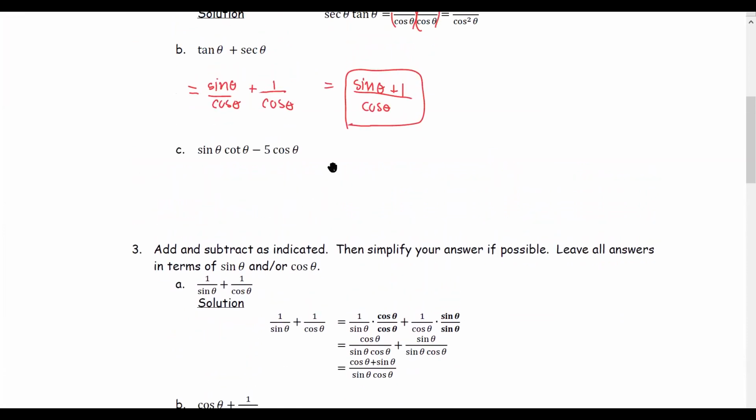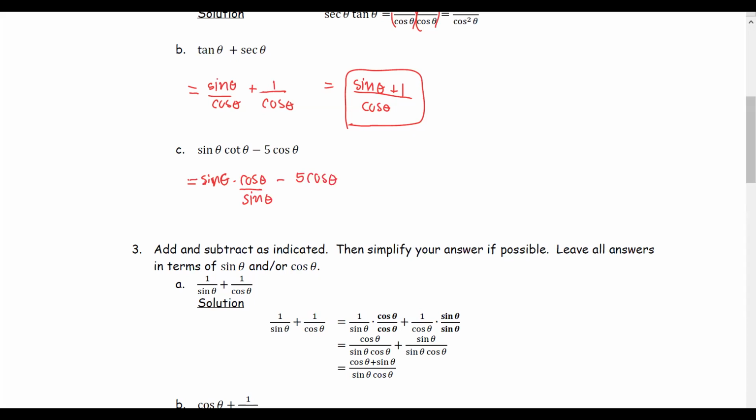Next example, sine theta times cotangent theta minus 5 cosine theta. We copy sine theta. The cotangent is cosine theta over sine theta, minus 5 times cosine theta.